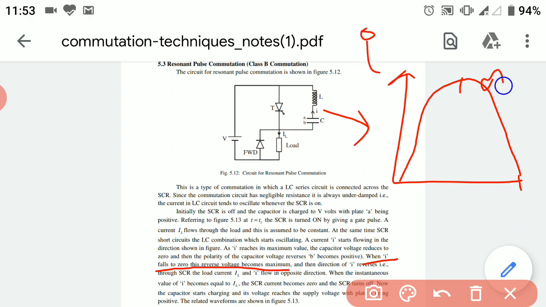At this point of maximum value, the capacitor was discharging and after that its polarities got reversed.